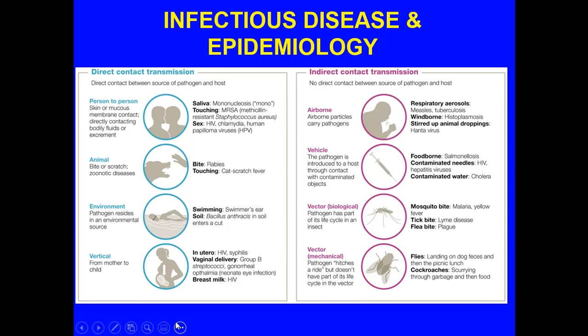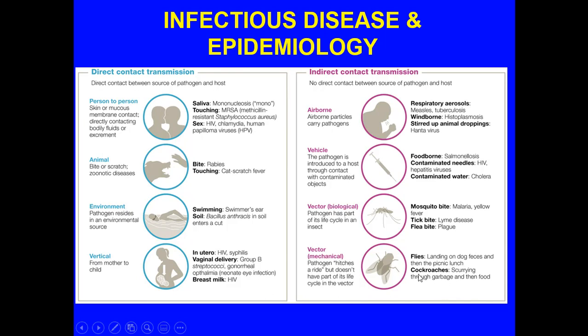One of the vehicles is contaminated needles, but it could also be contaminated water. Cholera has been known to be transmitted by either contaminated water or contaminated food in some studies. And then, of course, we have the vectors: mosquito bite, tick bite, flea bite. And then we have the mechanical vectors, which are basically hitching a ride.